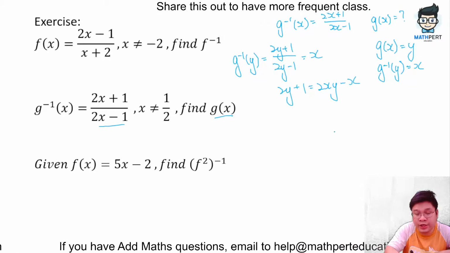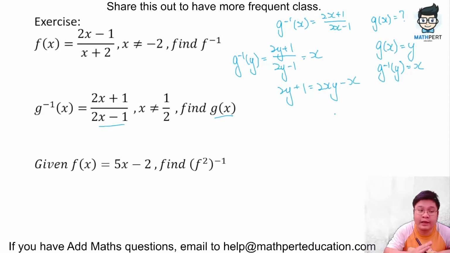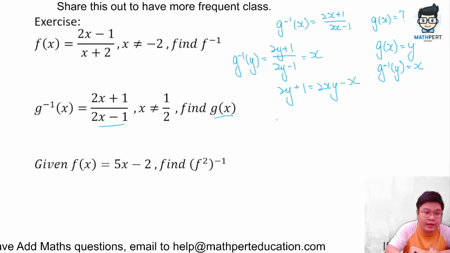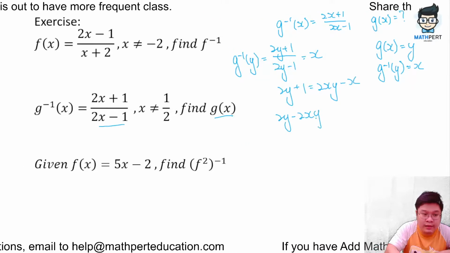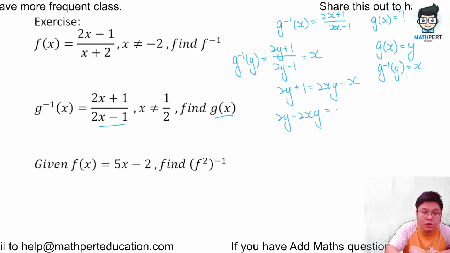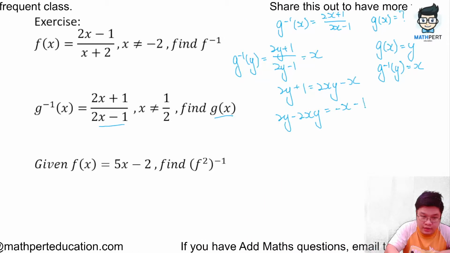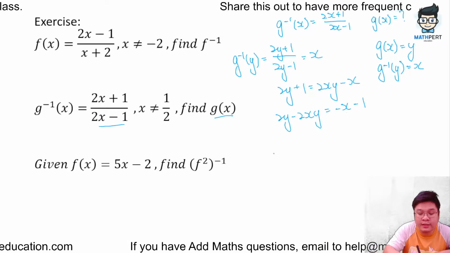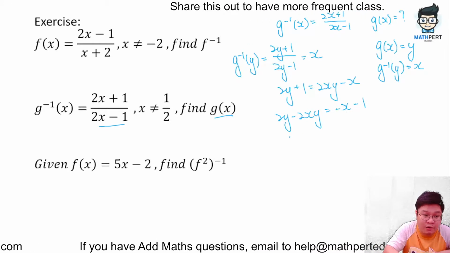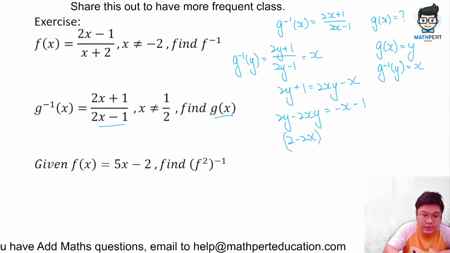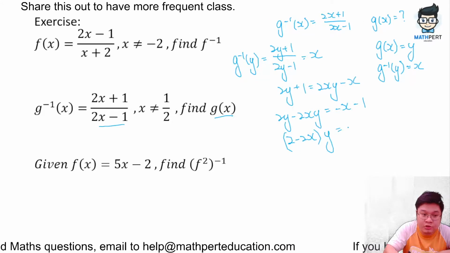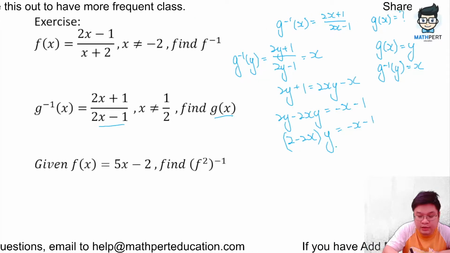Rearrange it: put y on one side and the rest on the other side. We get 2y minus 2xy equals minus x minus 1. Factor the y out: 2 minus 2x, times y, equals minus x minus 1.